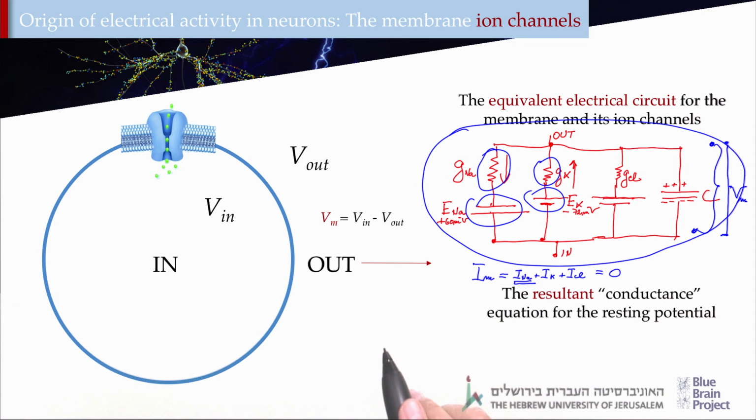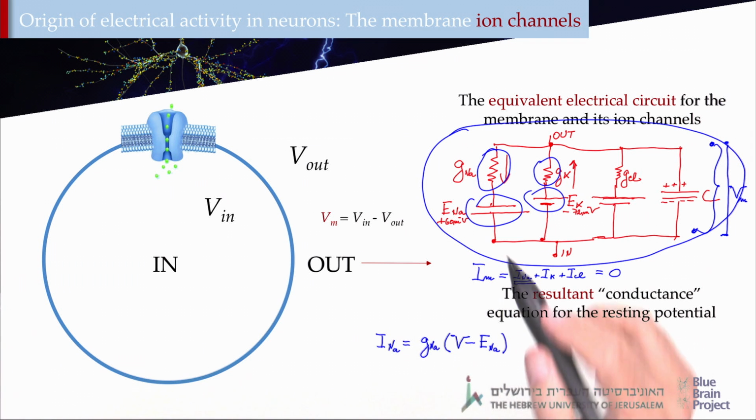So I sodium is actually G sodium multiplied by V, which is the voltage drop across the membrane, minus the battery of this particular ion.